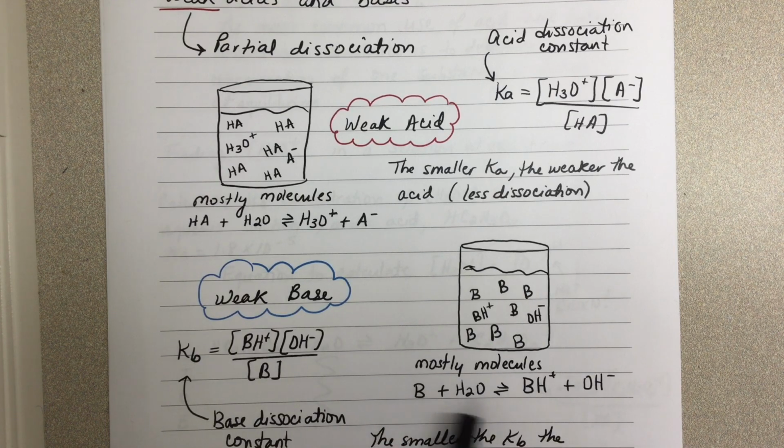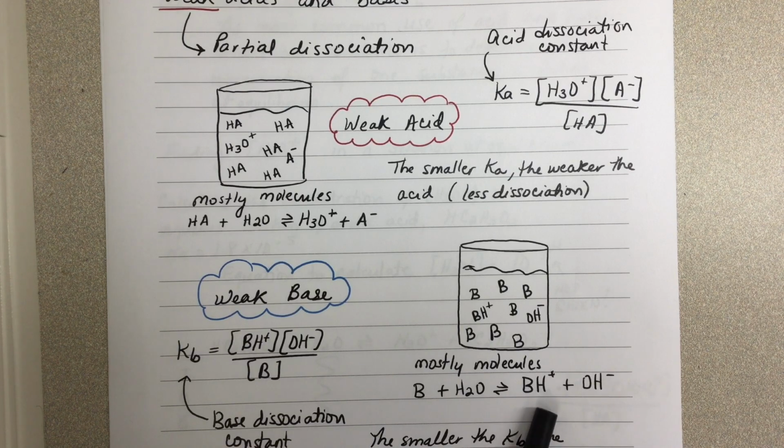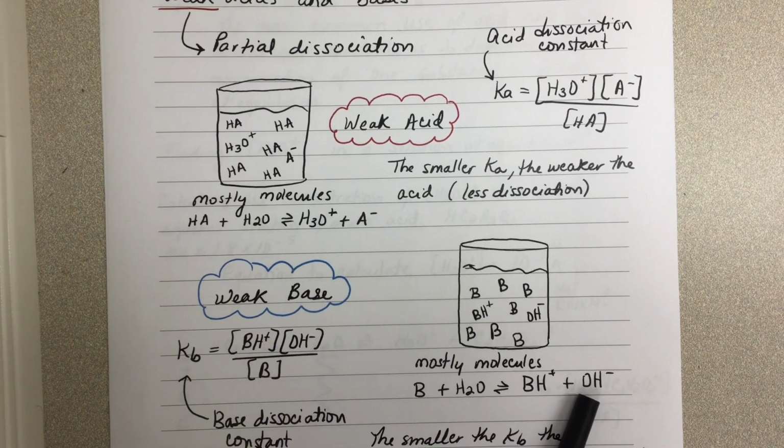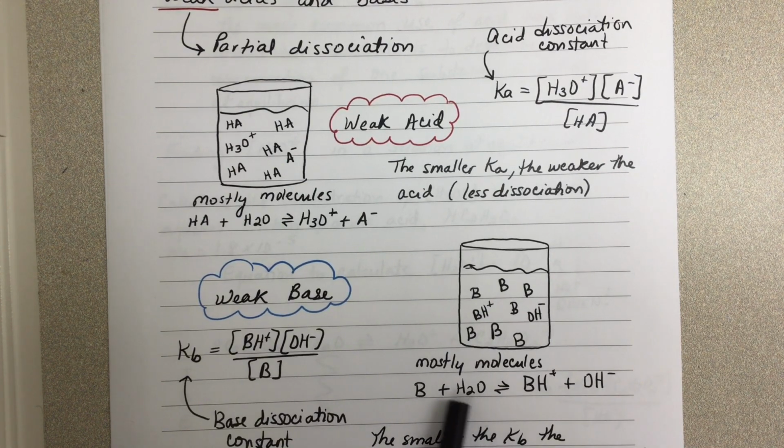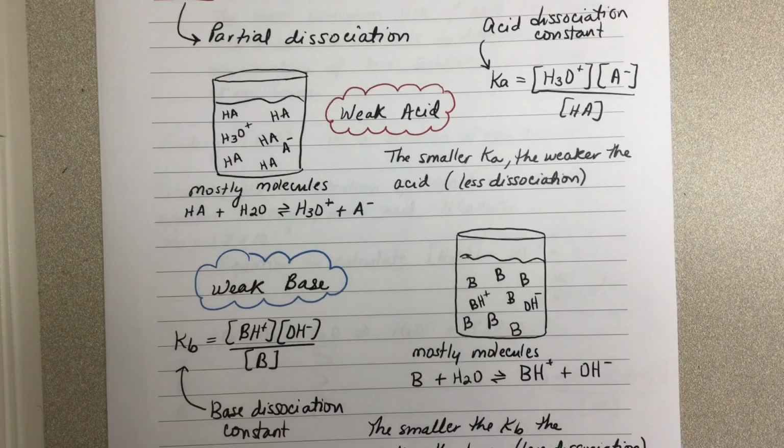So the base here will be accepting the proton from the water, because remember, water is amphoteric, which means that it can act as an acid or a base depending on the substance that you have combined with the water. Since you have combined with the water a base, the base will be accepting the proton from your water molecule. And then you're getting here your protonated base, because the base is gaining the proton. And then you have here your hydroxide ion, which is coming from the negative part of your water molecule.